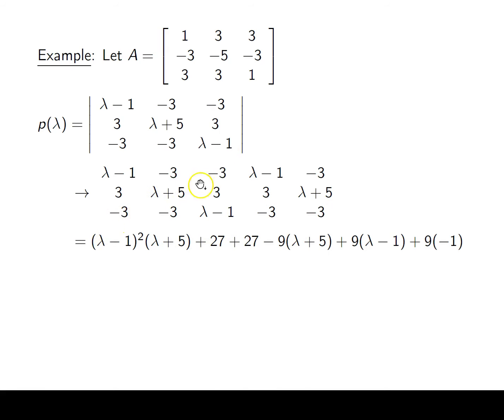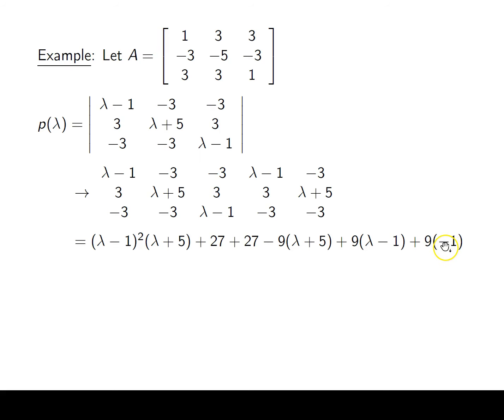So minus basically 9 times lambda plus 5, right? Minus this, so negative and negative is positive, so I'm subtracting lambda plus 5. Same thing here, I'm going to subtract negative 9 times lambda minus 1, so that turns into a positive. Same thing here, a negative 9 being subtracted gives me a positive 9.